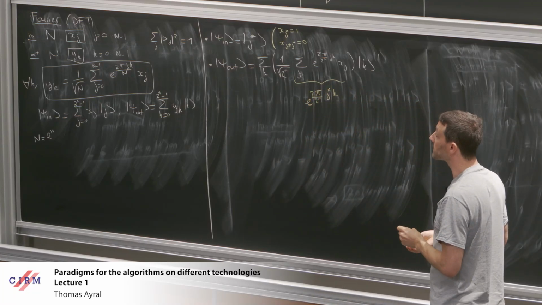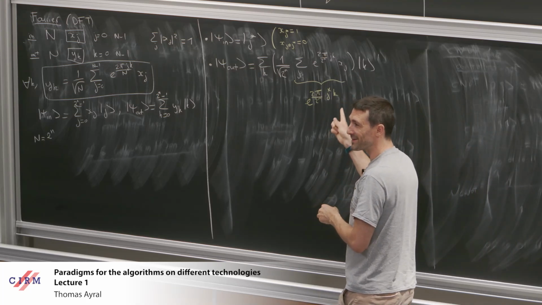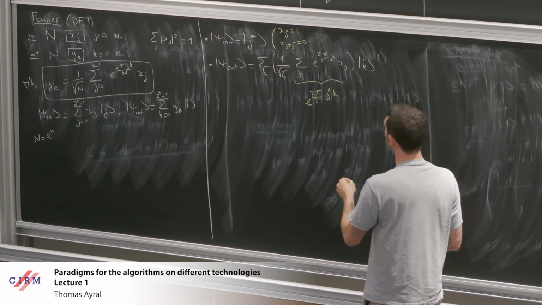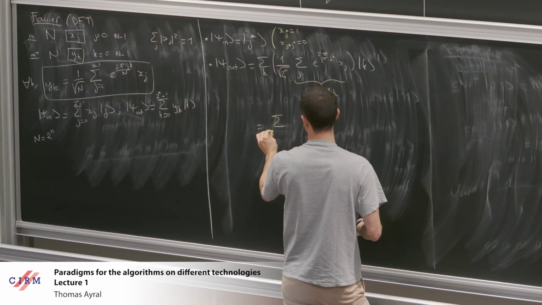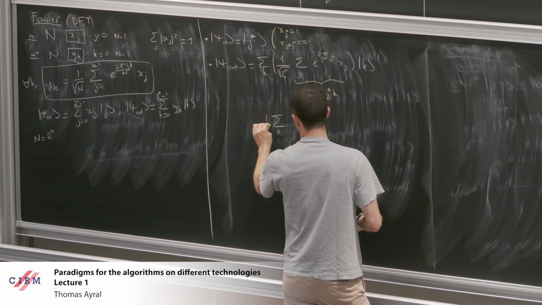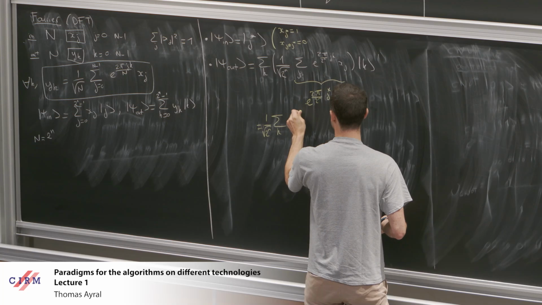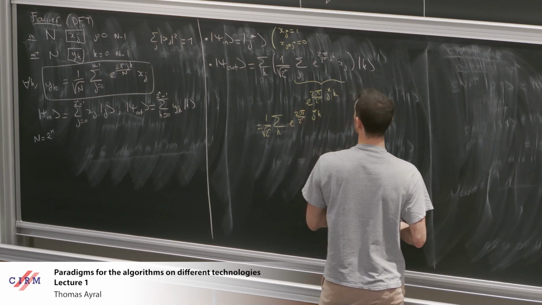Okay? So the sum goes away. Are you happy that it goes away? Because otherwise it would have been complicated, right? So now I have only, so I end up with a sum over k. And I'm going to put the square root factor in front of exponential of 2i pi over 2^n jk.